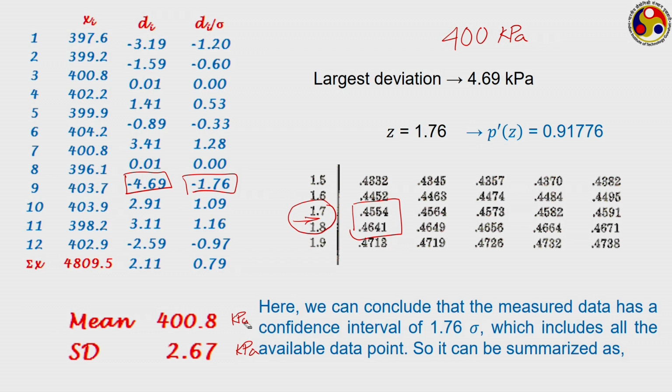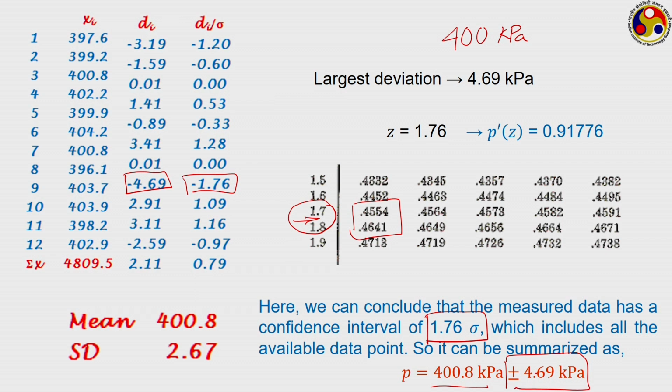So, we can conclude that the data has a confidence interval of 1.76 sigma, that is all the data points that we have accumulated during the measurement lie within plus minus 1.76 sigma distance of the mean, and there is no need of discarding any data. Finally, we can represent all this data as somewhat like this. This is the sample mean, and this is the corresponding error that we can expect.